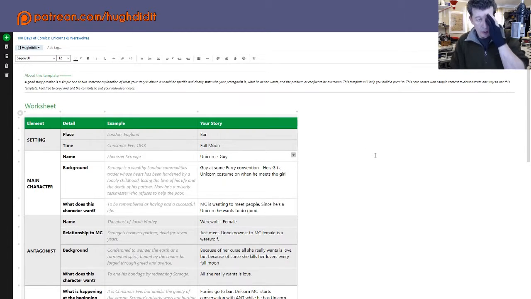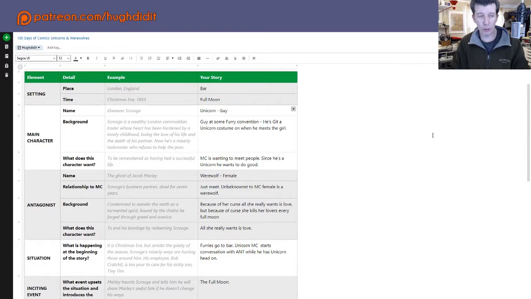And then it's a short story, so we didn't have to get into the characters too much, but we basically have our main character, which is a unicorn, a male.